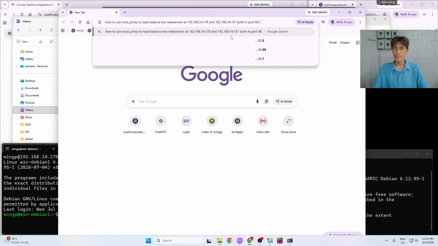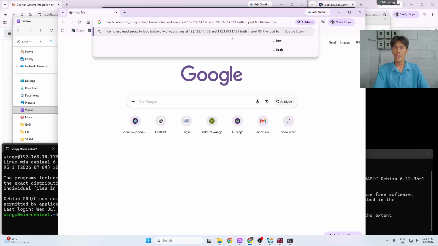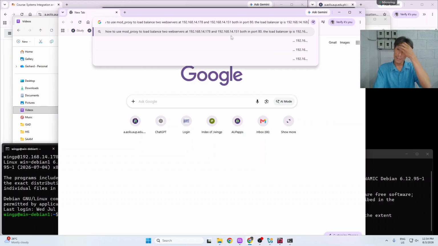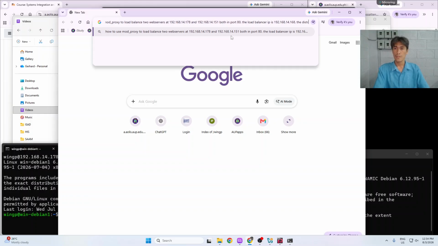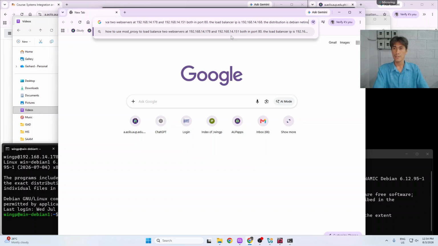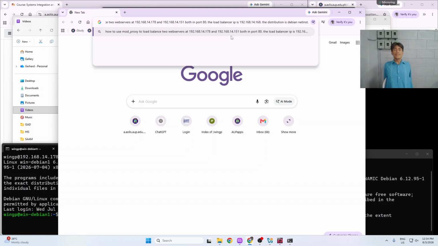The load balancer IP is 192.168.14.168. And what else do we need? The distribution is Debian NetInst. Okay.